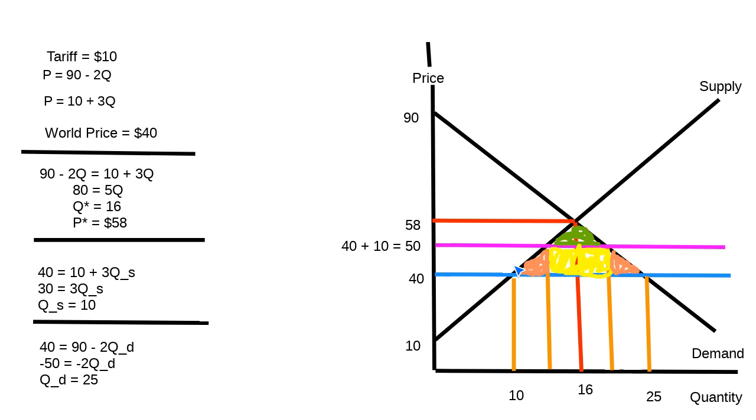The base of both triangles is the difference between the quantity supplied or quantity demanded before the tariff and then after the tariff. So that means that we're going to need the quantity supplied and quantity demanded before and after the tariff was issued. So notice here, we did this calculation for the supply curve with the price of 40. Well, now we need to do it with the price of 50.